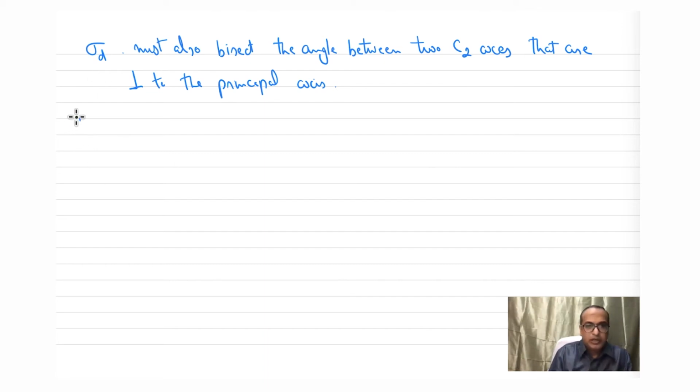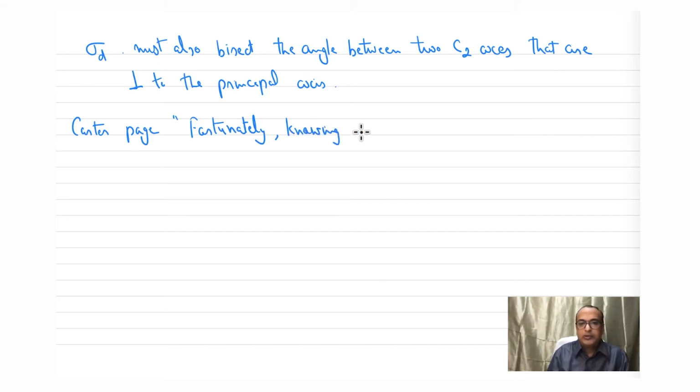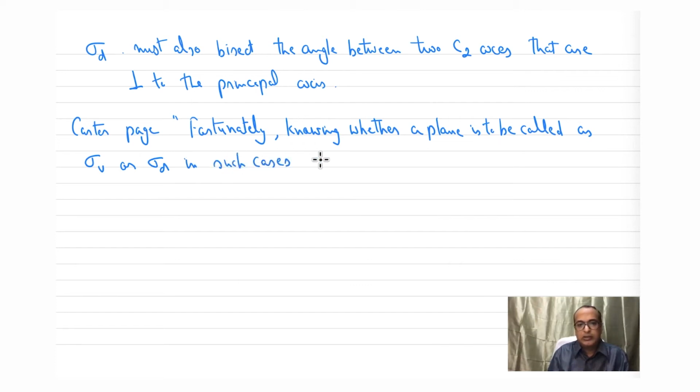So I will quote Carter here. If you see Carter page 8, I'm quoting directly: fortunately, knowing whether a plane is to be called sigma v or sigma d in such cases is not crucial to applying symmetry arguments to physical problems.